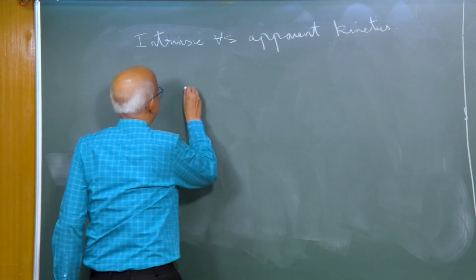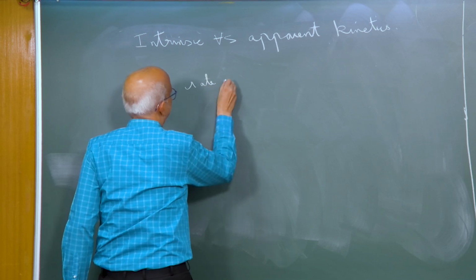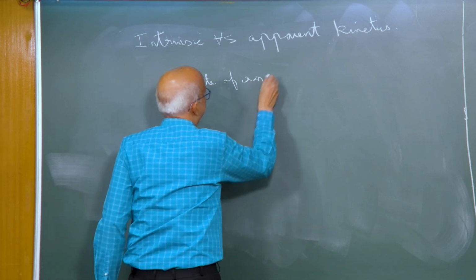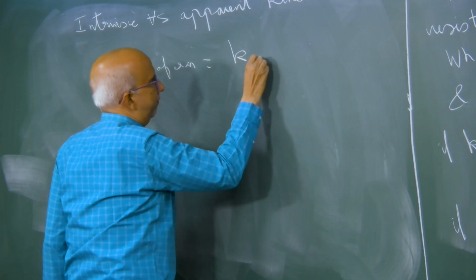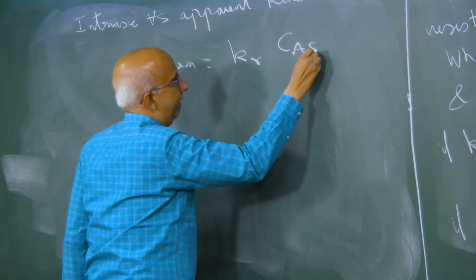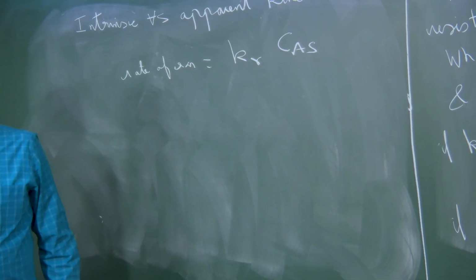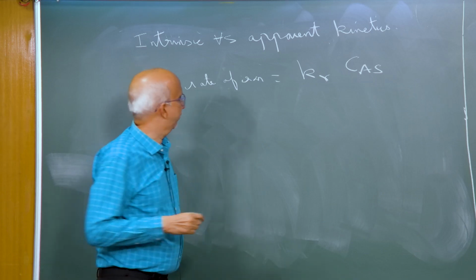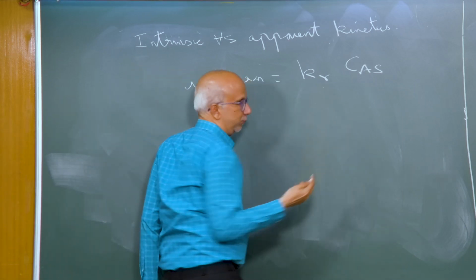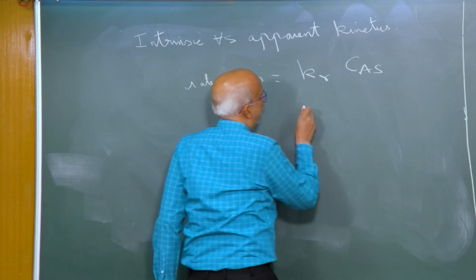The rate of the reaction on a per unit area basis is given by Kr CAS, because on the surface you have CAS and you have Kr as the rate constant. This is the actual rate of the reaction.